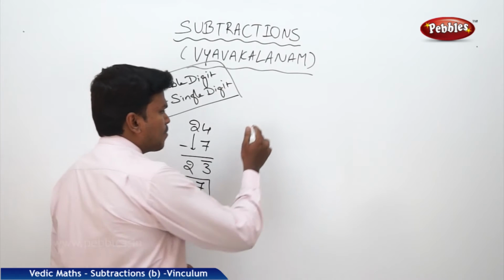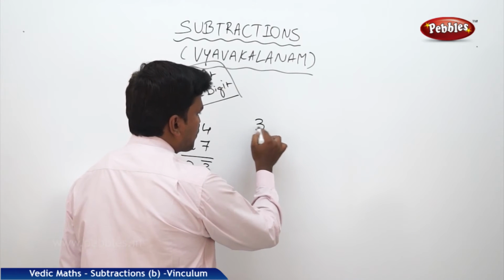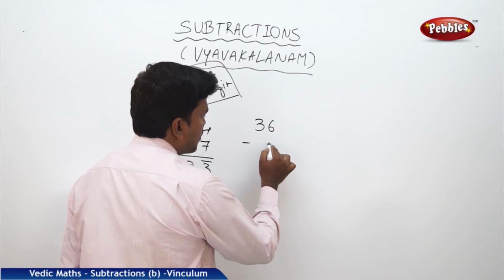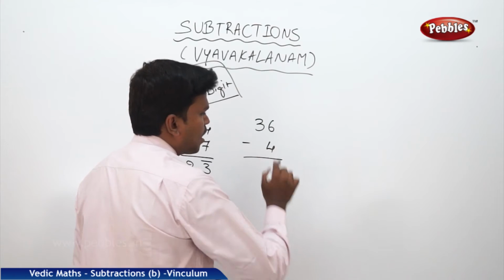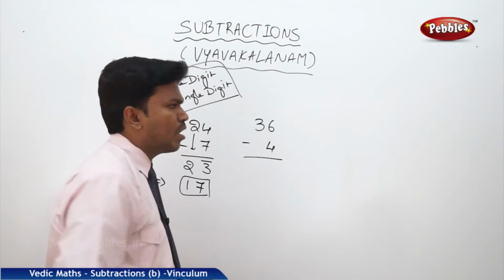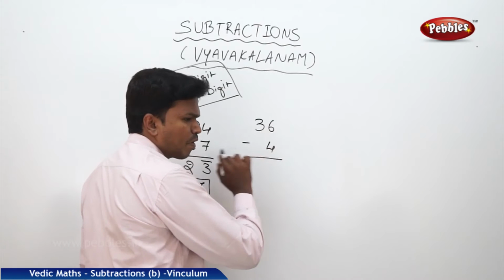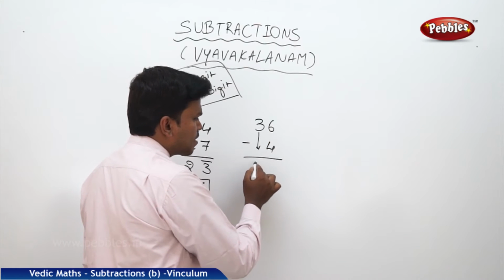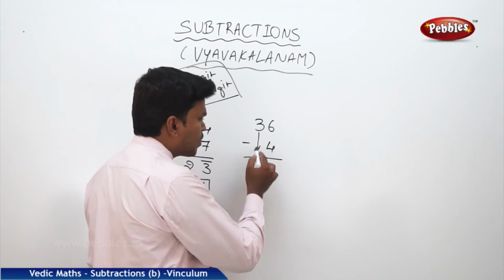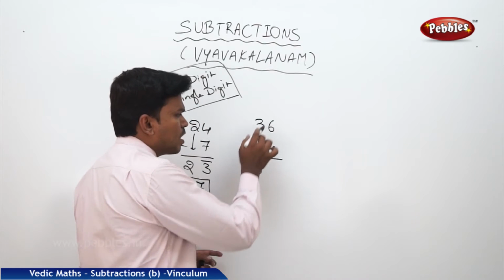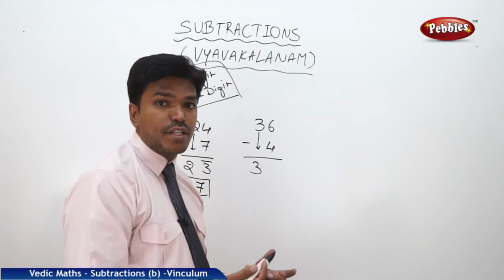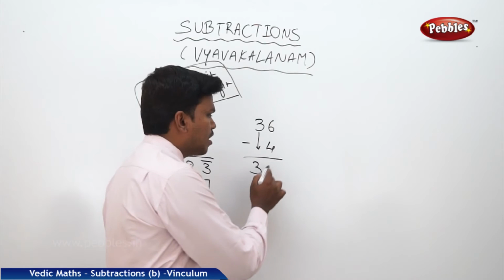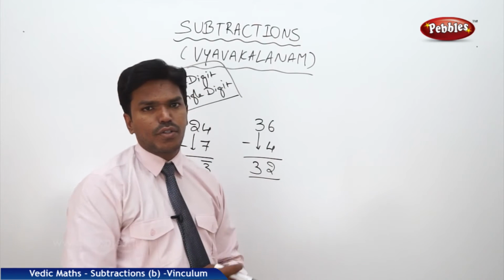Now we'll take one more example. Suppose 36 minus 4. I want to subtract 4 from 36. In the same way, start from left to right. So drop 3 as it is, since there is no digit below it. Now 6 minus 4, yes, it is possible. So directly you can write 2. So the answer is 32.